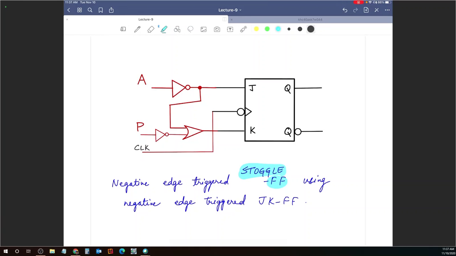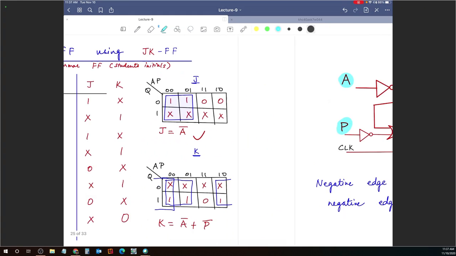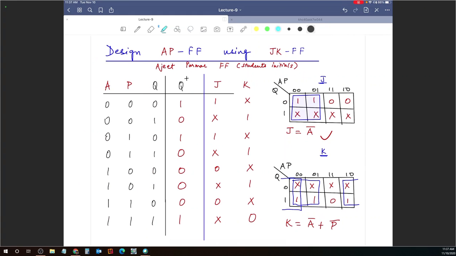That's why we called our AP flip-flop, which was based on a student's initials, a toggle flip-flop. Those names are just arbitrarily chosen. But what you need to focus on is the design process, the stepwise, going from the next state table of the desired flip-flop to actually designing the desired flip-flop using a particular given flip-flop.